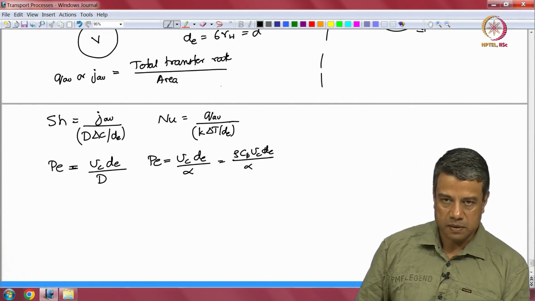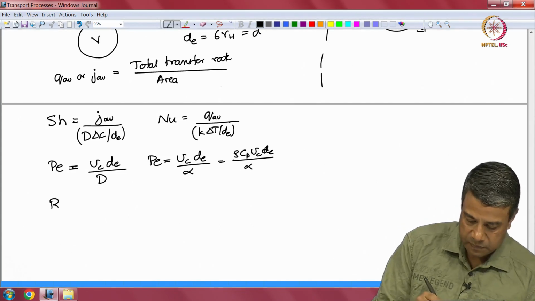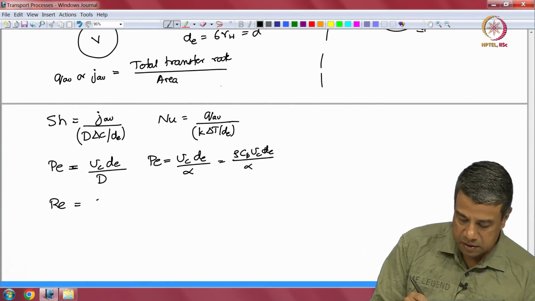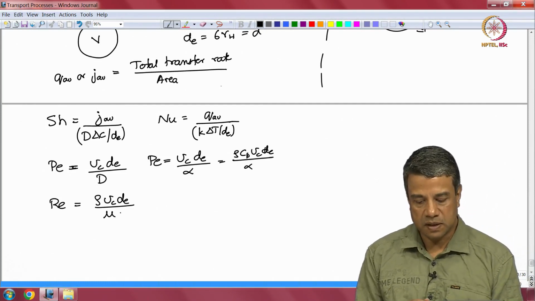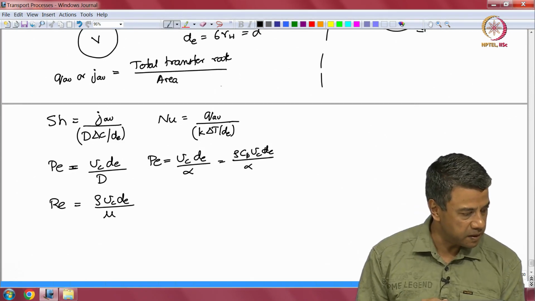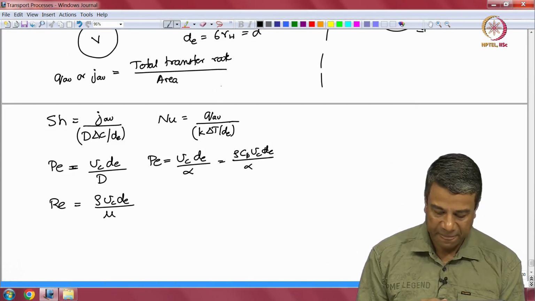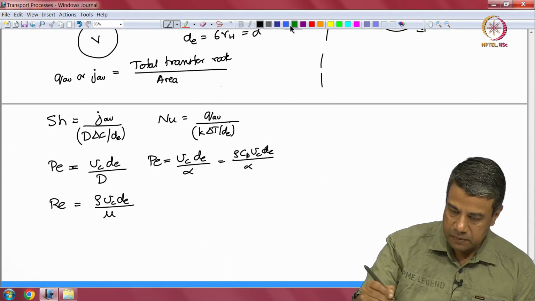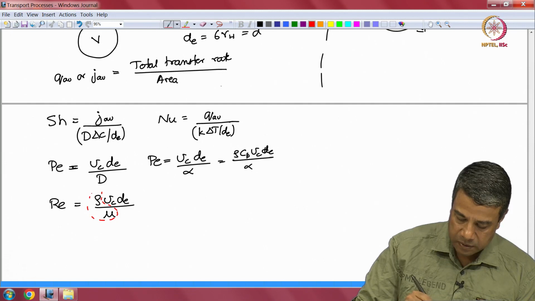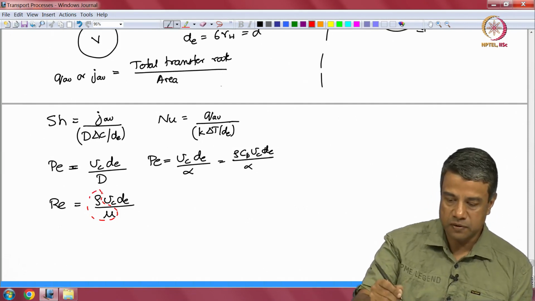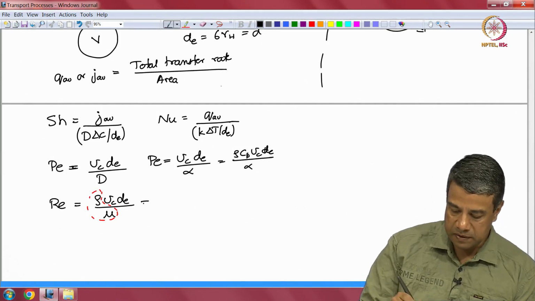Similarly, the Reynolds number. Recall that I had written this as rho v d by mu. I have substituted the characteristic velocity and the equivalent diameter in this case. You know very well that mu by rho is the momentum diffusion coefficient or the kinematic viscosity.